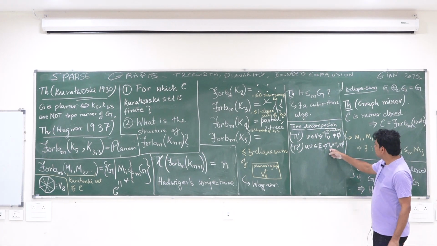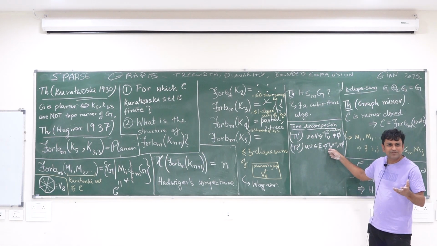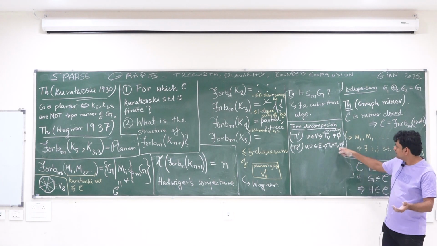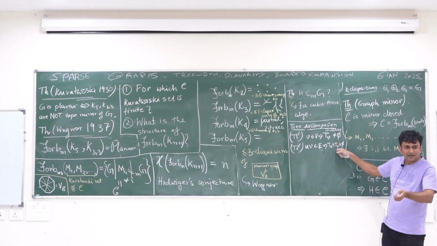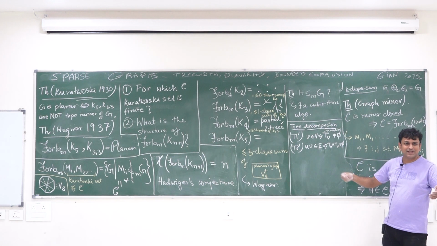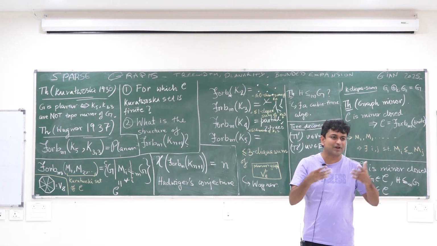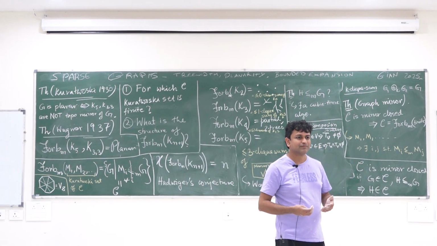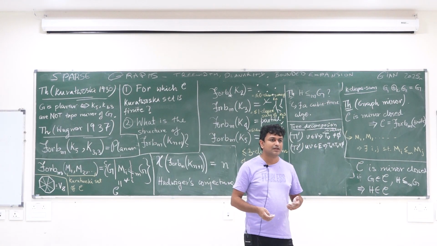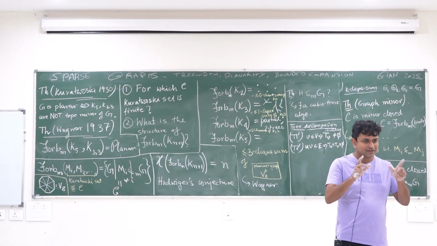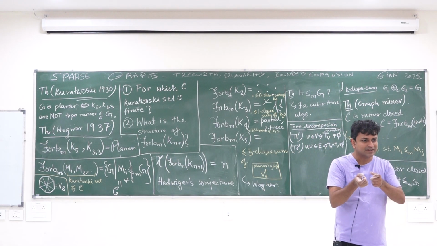So you take TU, which is the subtree induced by the bags which have the vertex U. And then you also take the subtree induced by the bags which have the vertex V. And I am saying these two subtrees should intersect somewhere. So they should have a common vertex. That common vertex is a bag which contains U and V.